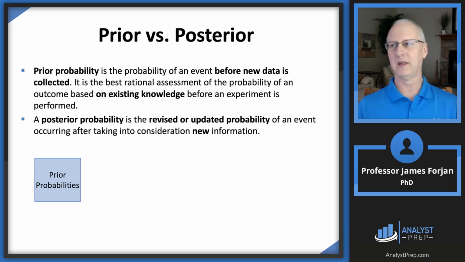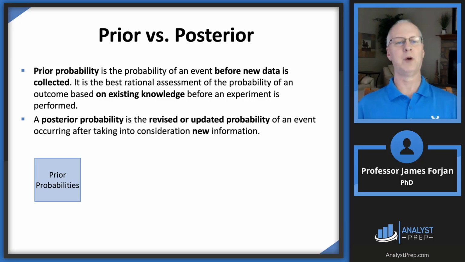The probability of them losing their phone today depends on how many hours they play Fortnite, how much homework they have, are they going to basketball practice, etc., etc. All right, so notice what I have there in that first bullet point. It's the best rational assessment of the probability of an outcome based on existing knowledge.